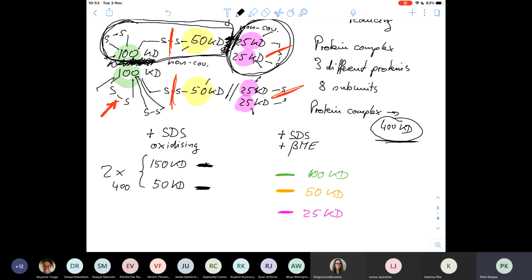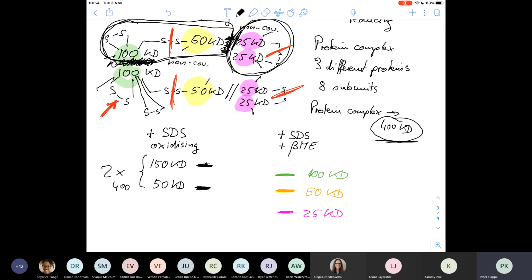It won't change. The true experts in gel analysis can probably tell whether there are some internal disulfide bonds that have been cracked with the beta-mercaptoethanol, but us mortals, we are not too worried about that. So internal disulfide bonds are also opened, but they won't manifest themselves in a massive change in the mobility in the gel.